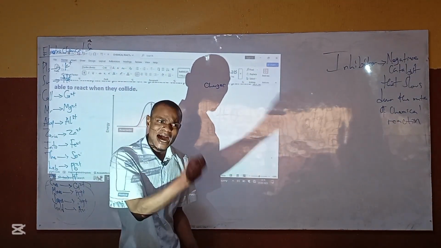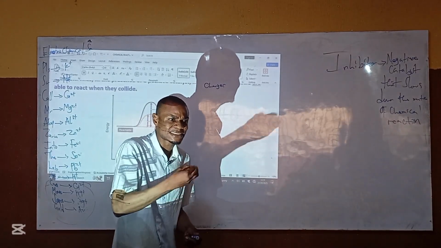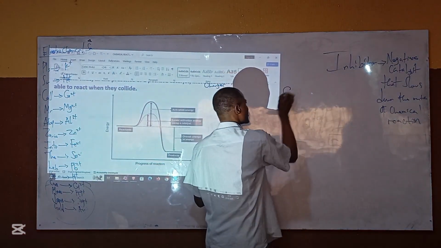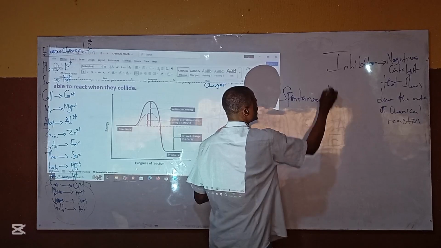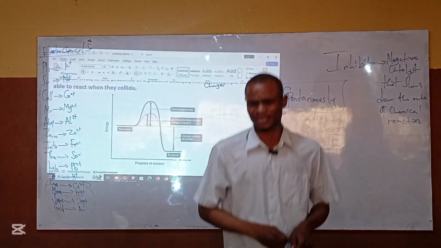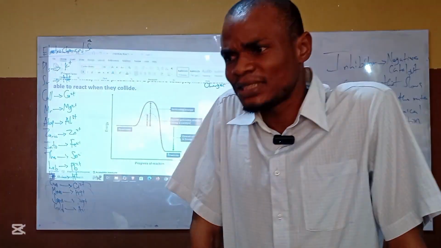Exothermic reaction has a low activation energy. That's why it can occur spontaneously. Spontaneously is when something occurs without you supplying it. Spontaneously is the reaction that occurs without you supplying.